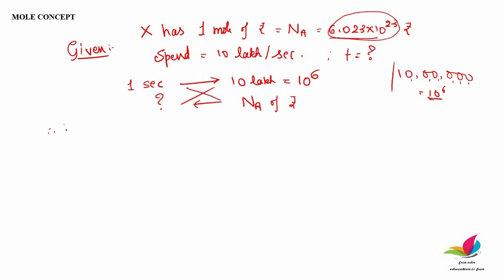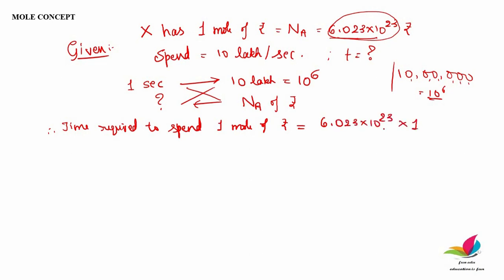Therefore the time required to spend 1 mole of rupees will be equal to Avogadro number into 1 second, that is 6.023 into 10 to the power 23 into 1 second, divided by 10 lakh, that is 10 to the power 6.